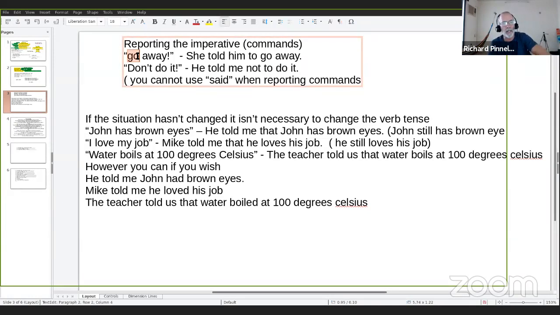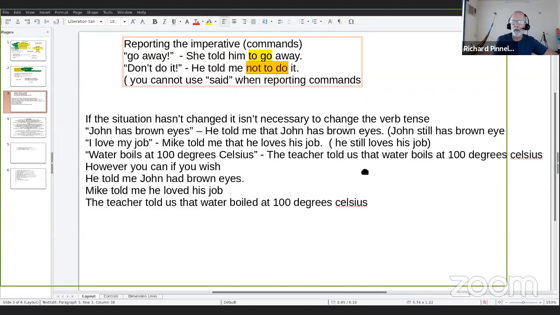It's the only time in English where we use the verb with no subject. Go away, don't do it. This is a positive, this is a negative imperative. When we report these, we need to put the verb in the infinitive with to. Go away, she told him to go away. If it's negative, we use not plus to plus the base verb. Don't do it, he told me not to do it.